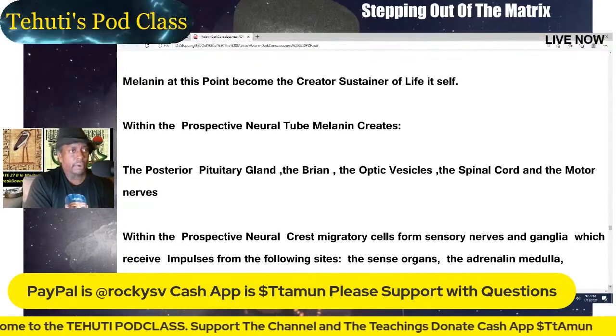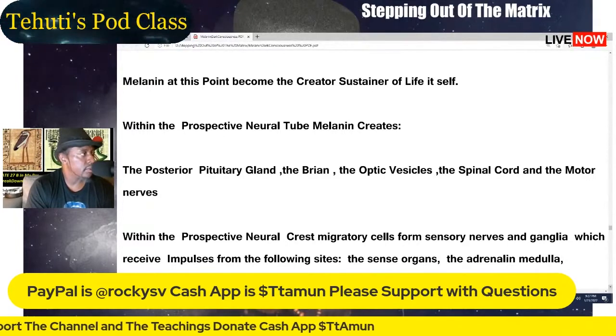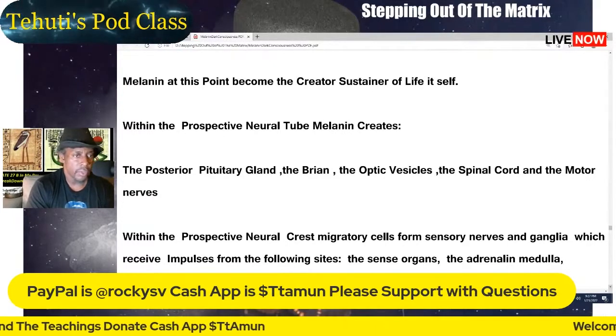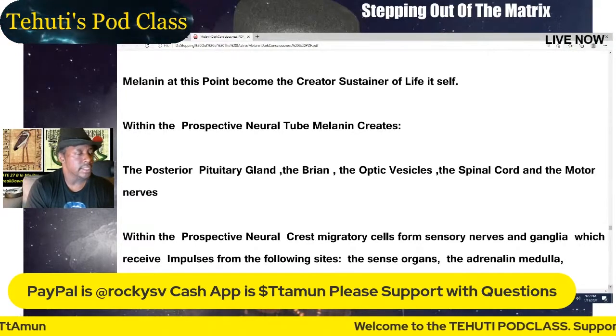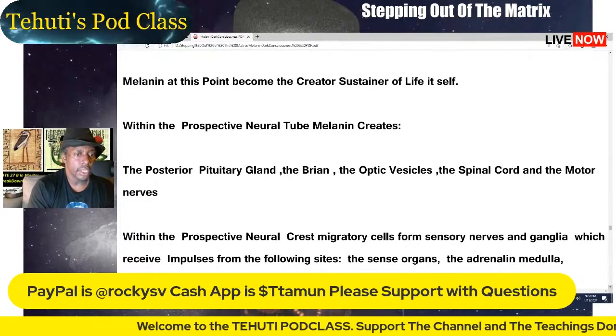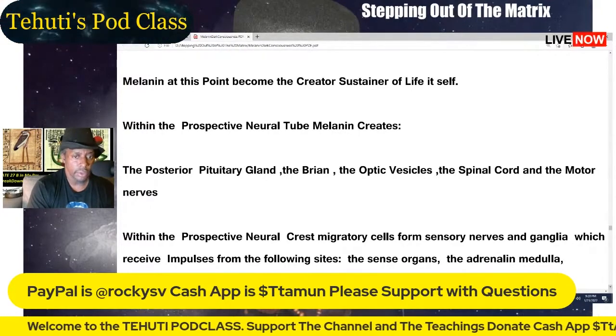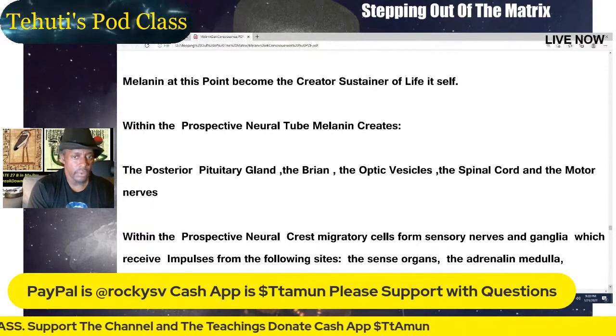So when people talk about melanin, they should understand the importance of what this melanin is actually doing, other than bragging about how dark skin you are, because that's the least that it's doing. It wouldn't matter how dark skin you are if your pituitary gland didn't work. It wouldn't matter how dark skin you are if your brain doesn't work, if you can't see.